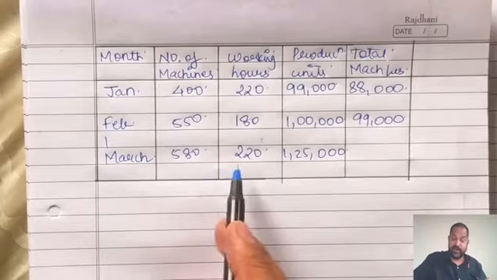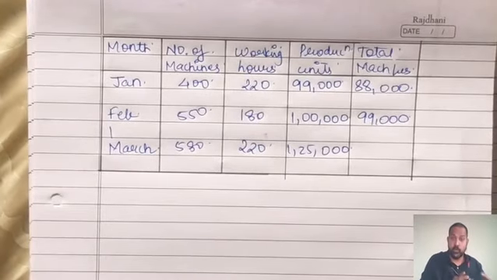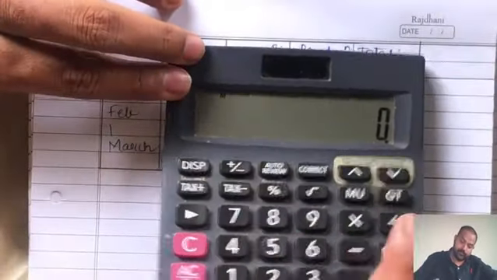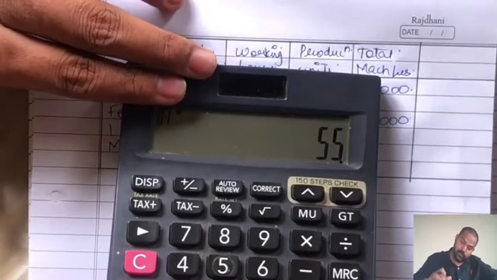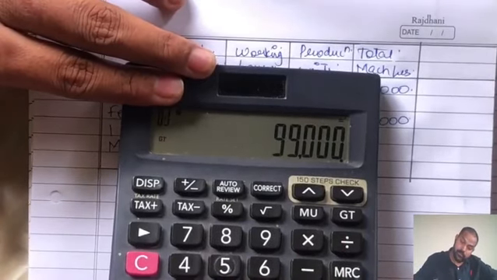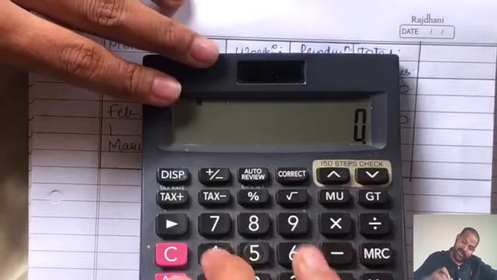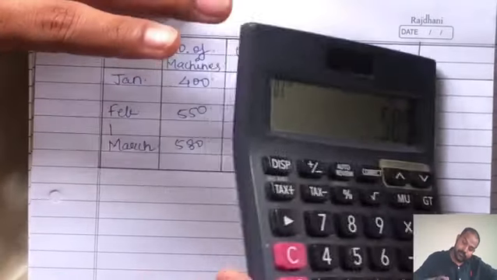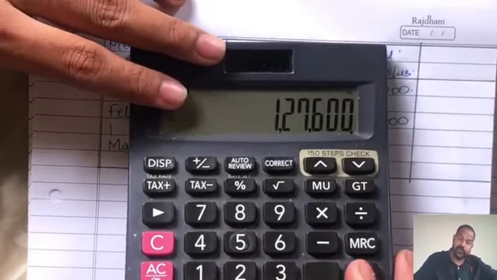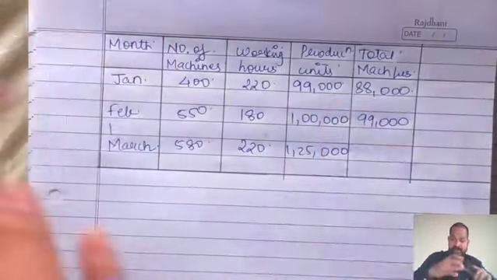In March, 580 machines working for 220 hours is a total of 127,600.